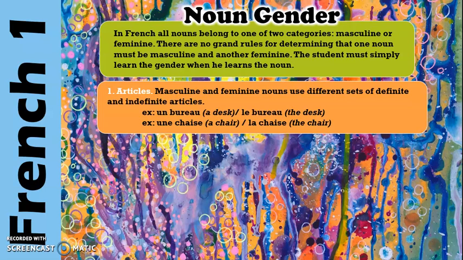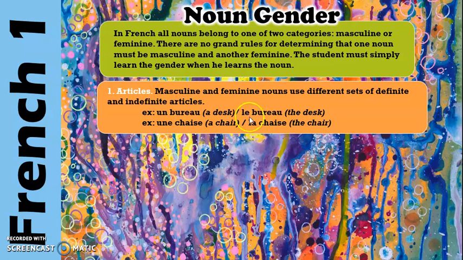Okay? Un bureau, a desk. Le bureau, the desk. But now look what happens when I switch to a feminine noun. Okay? I want to say a chair. Look. I don't use un like I did in the masculine. Instead, I use une chaise, a chair, because une is how you say a for feminine nouns.